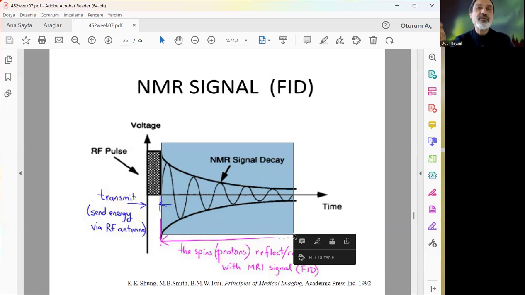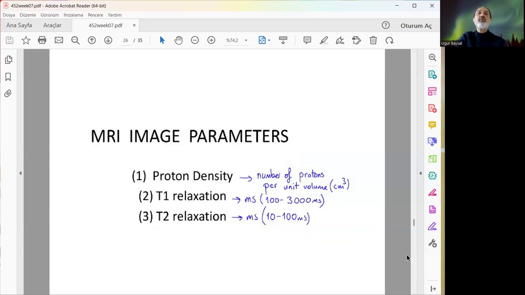Those are all decoded to reveal the image. That's a little bit complex concept. I want to summarize general aspects. Otherwise, it's really complex, and the analysis of these decaying signals requires a graduate course, so it's not the place for you to learn all the details.